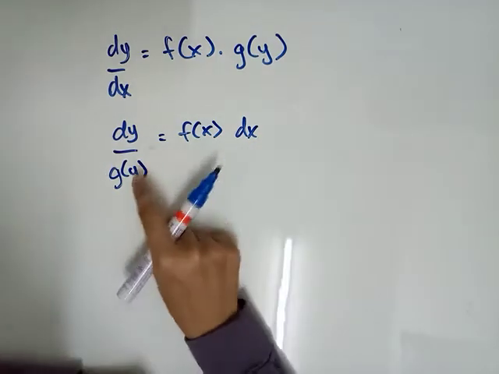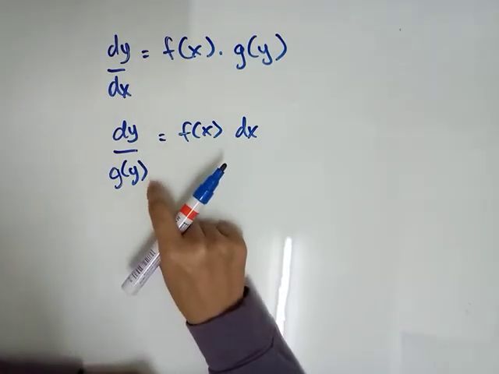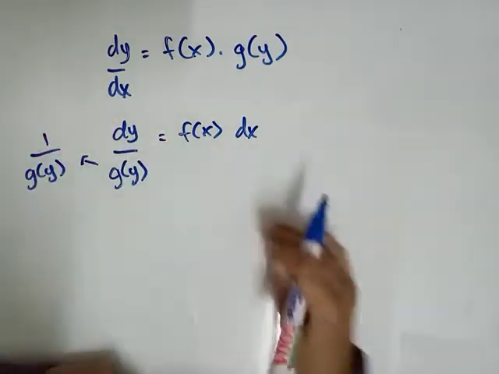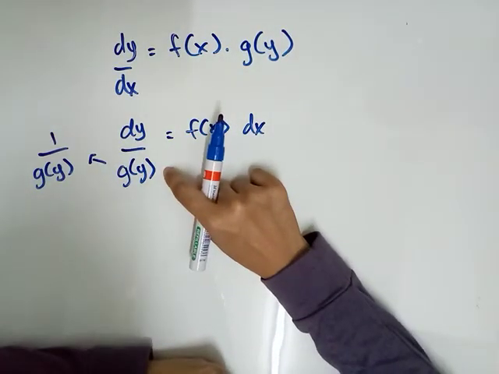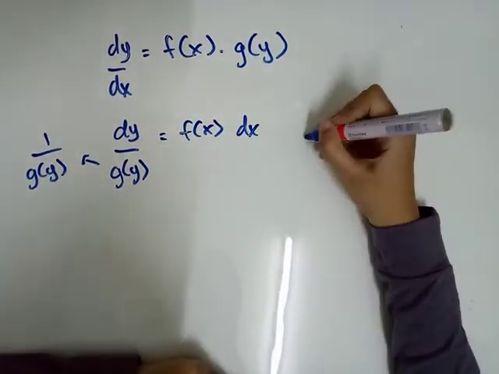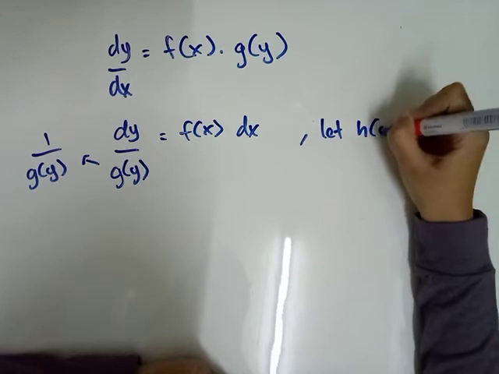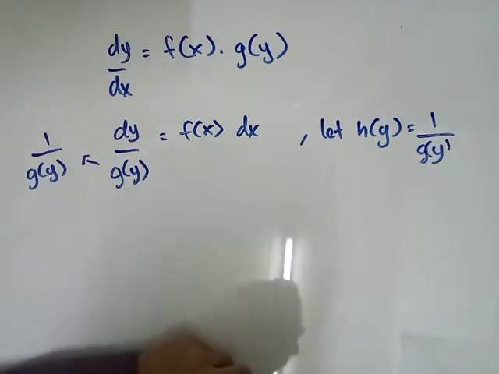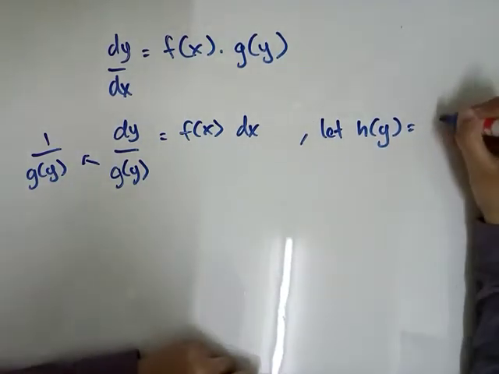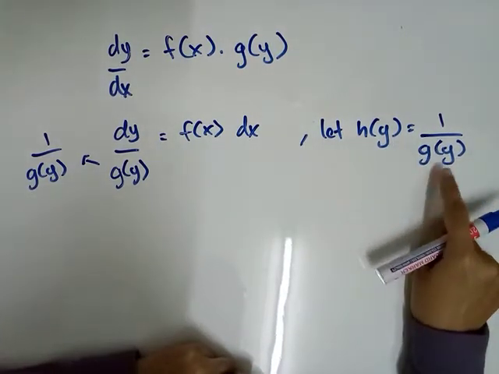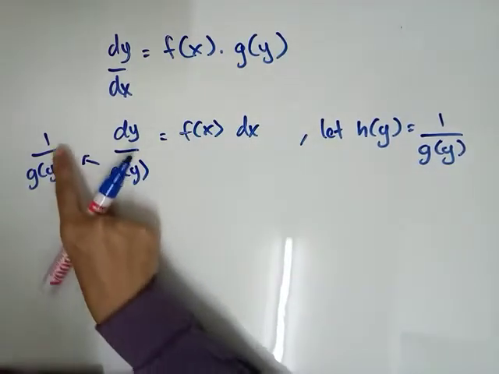Okay, and then we know that dy over g(y) here means 1 over g(y), right? So we need to eliminate this denominator. Kita tak nak ada pembahagian kat bawah ni. So how to eliminate this denominator? We need to let h(y) equal to 1 over g(y). So gantikan, we know that 1 over g(y) is h(y).